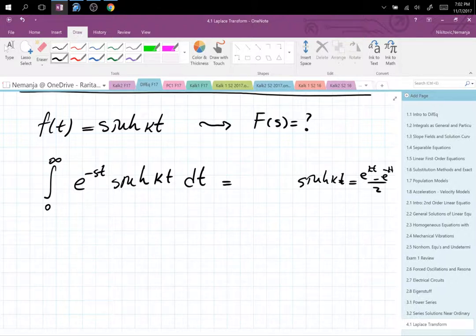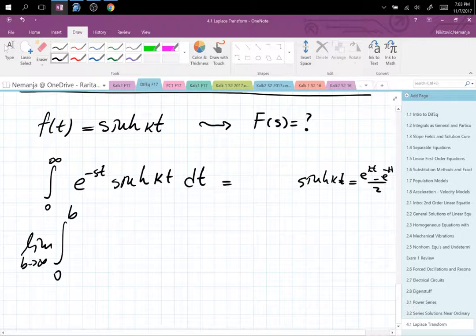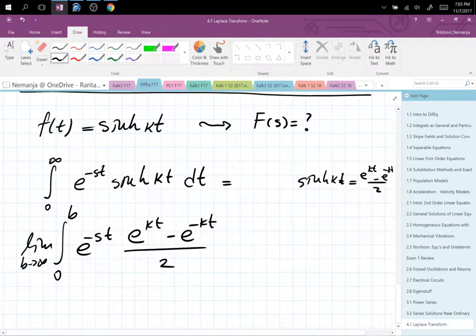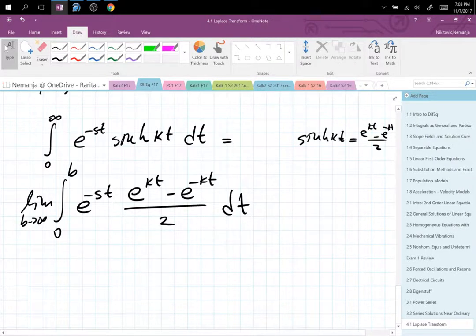That's the one I'm replacing. So that's sine hyperbolic kt, and now we plug that in. I'm going to place the limit as b goes to infinity, integral from 0 to b, of e to the negative st times e to the kt minus e to the negative kt over 2 dt. Now the 1/2 we can kick in front of the integral.